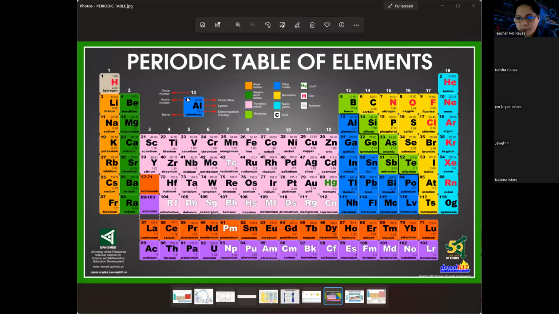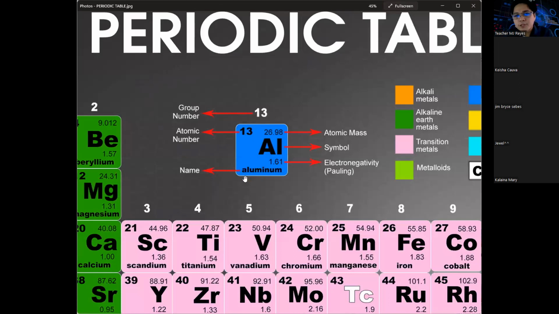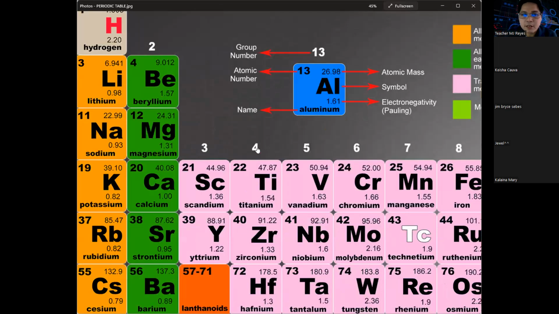Always consider the legend, because not all periodic tables are the same. They are different, right? So in this case, my atomic number is in the upper left corner of my element. My atomic number is 13 in aluminum. So my aluminum contains how many protons in its nucleus?